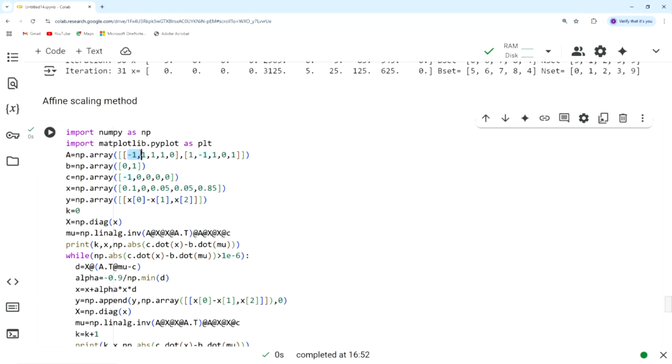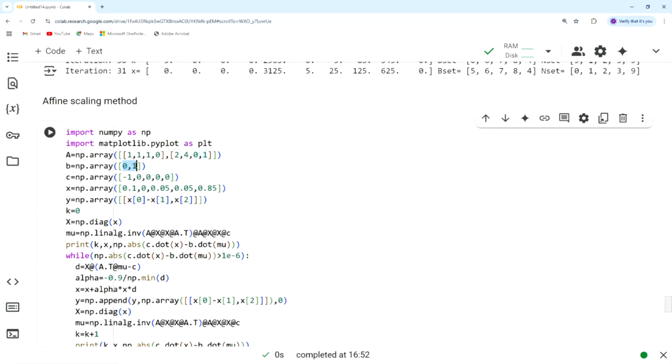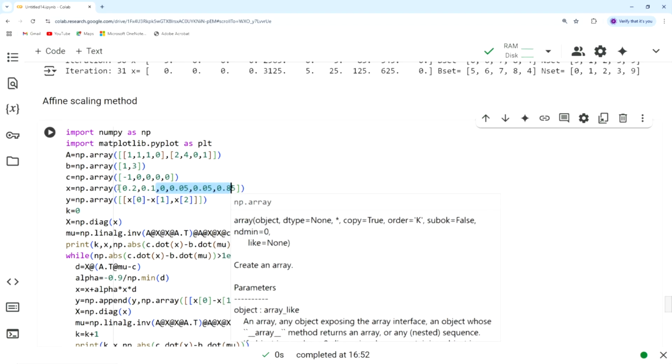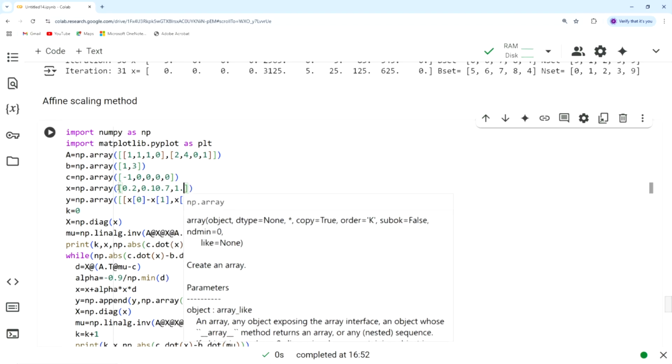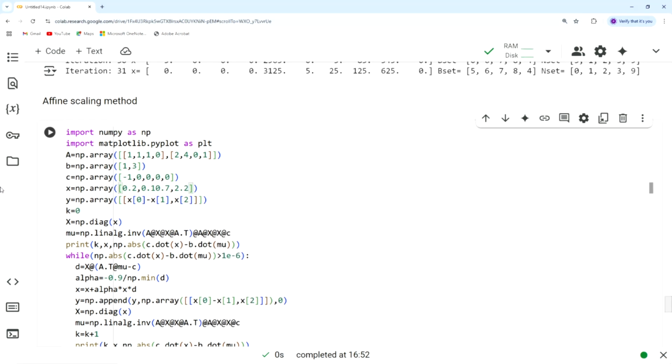A is 1110 and 2401, b is 1 comma 3, and x is going to be 0.2 comma 0.1, and these two are going to be very different, 0.7 and 2.2.